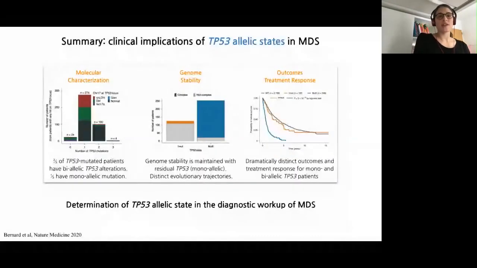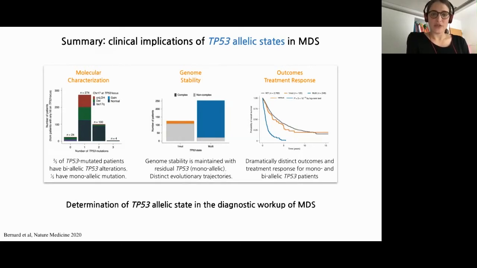So to summarize this first part on the clinical implications of TP53 allelic state in MDS, by integrating mutation and allelic imbalances, we provide a deep molecular characterization of the locus beyond a gene being mutated or not, to the level of allelic state. And we show that 2/3 of TP53 patients have biallelic alterations while 1/3 have monoallelic mutations.